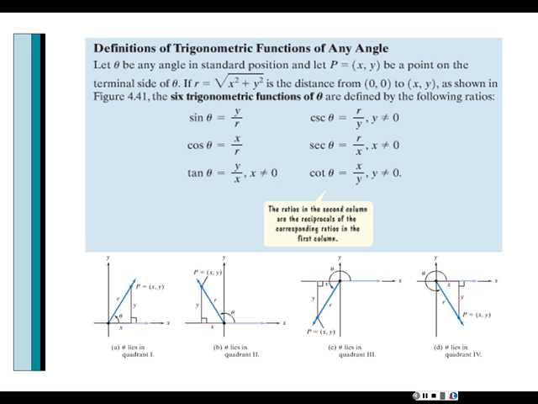Sine theta: opposite by hypotenuse, cos theta: adjacent by hypotenuse, and then tangent is opposite by adjacent. I think we don't need the other three, right? Because cosec is reciprocal of sine, sec is reciprocal of cos theta, and then cot is reciprocal of tan theta.